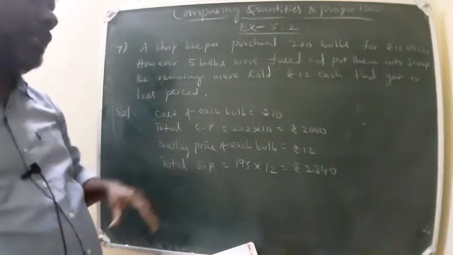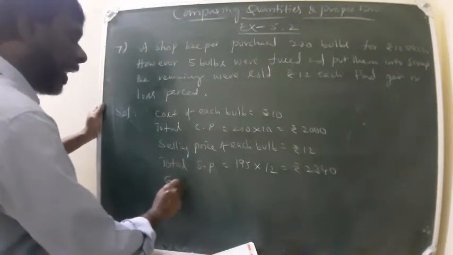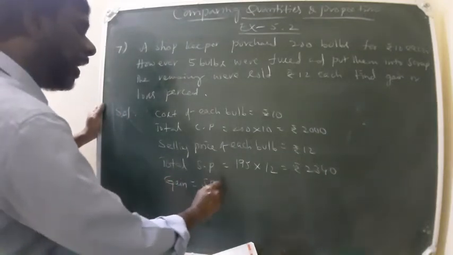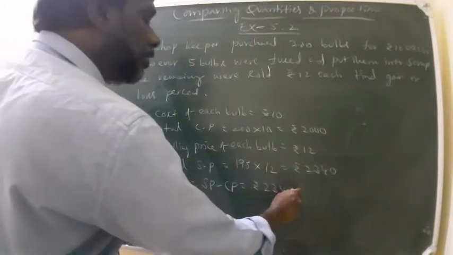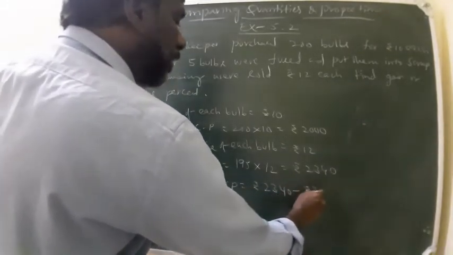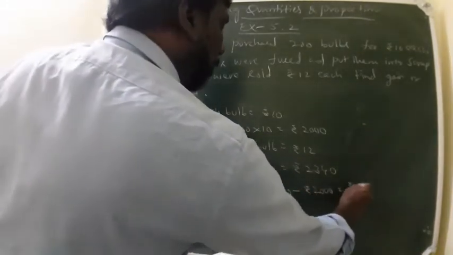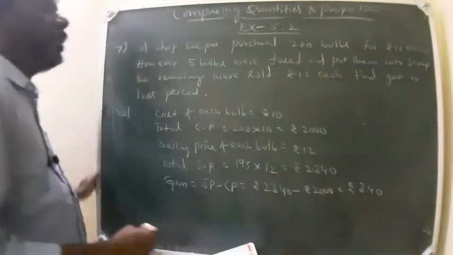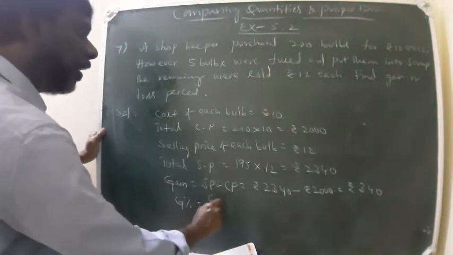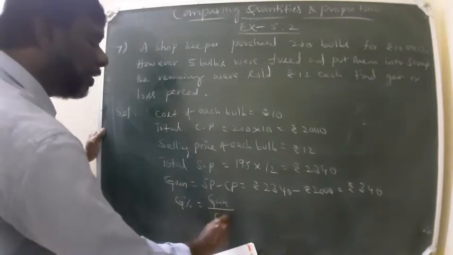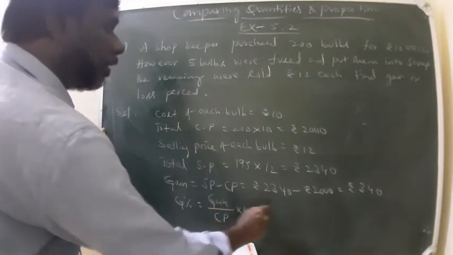Here SP is more than CP, so you got gain. Gain formula: SP minus CP. Rupees 2340 minus rupees 2000, that is rupees 340. So gain percent you have to find. Gain percent formula, actual gain by CP into 100.